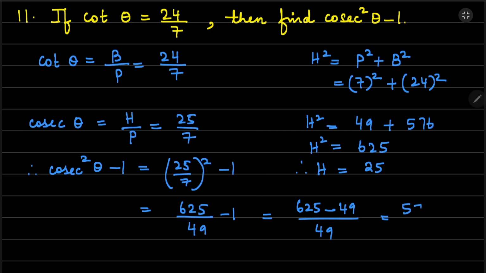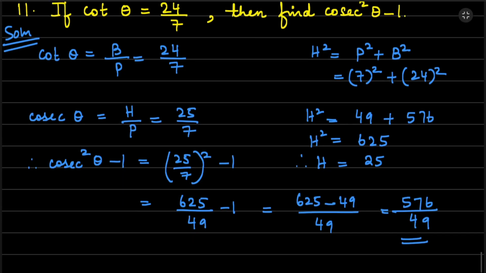You will be getting 576 divided by 49. If you can reduce it, otherwise, you can leave it as it is. Okay, that's your answer. I don't think there will be a number which is divisible by both 576 and 49. So you can leave it as it is. Right? Let's move on to the 12th question.